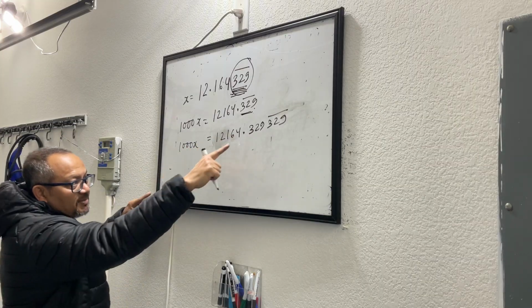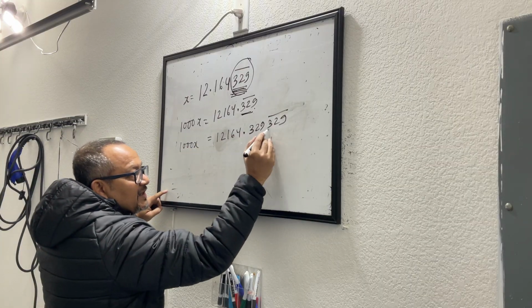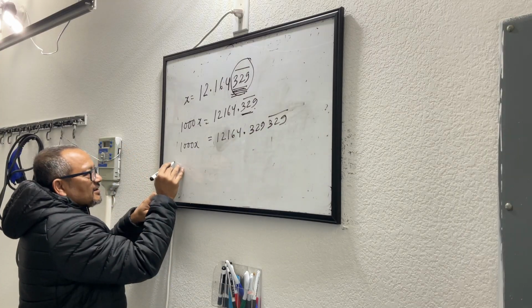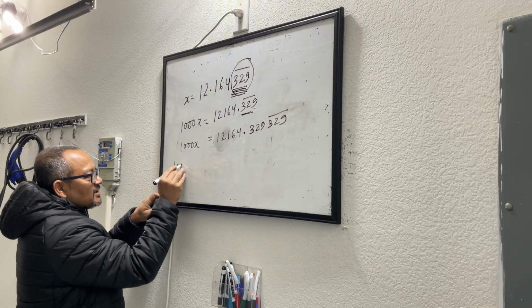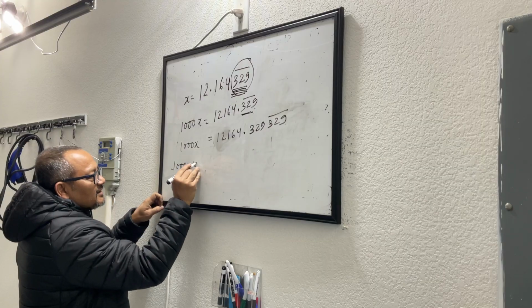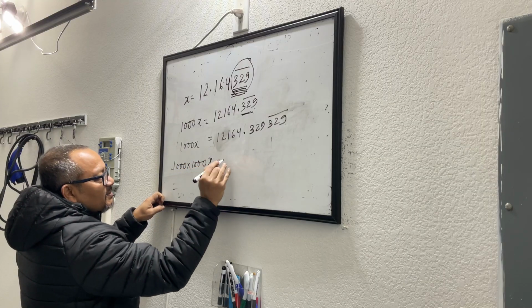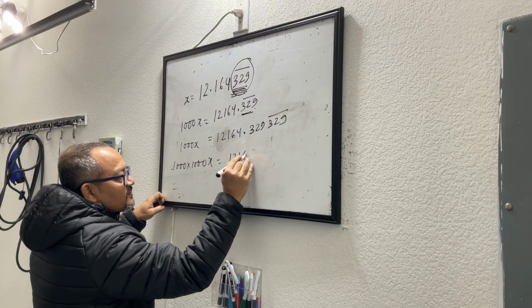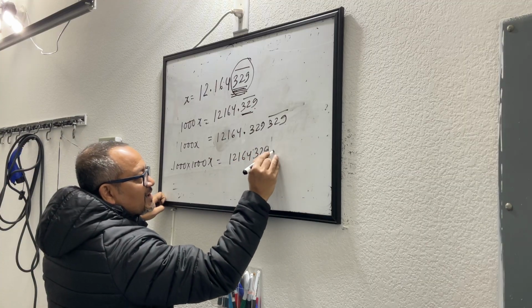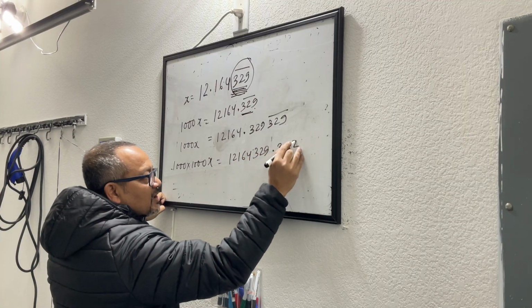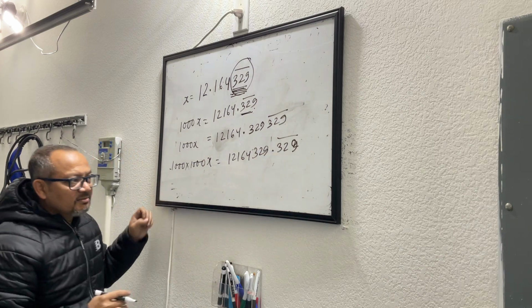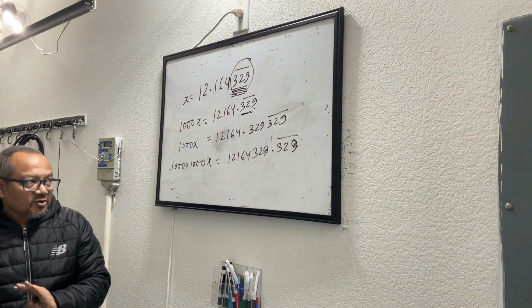So 1000x is this. If I multiply by another 1000, that will be equal to 12164.329329 repeating. I know I picked up a complicated looking problem, but that's okay. It's the same approach.